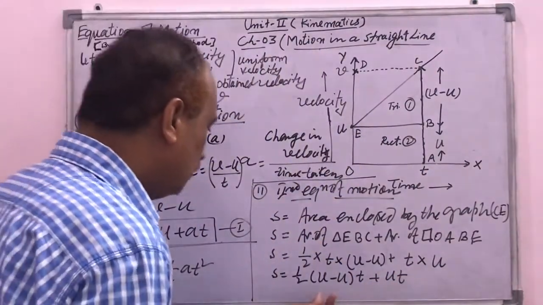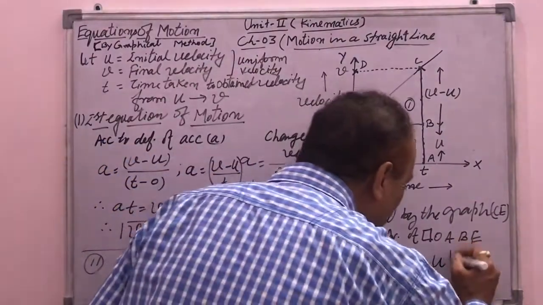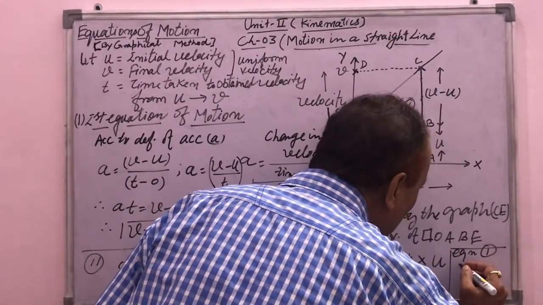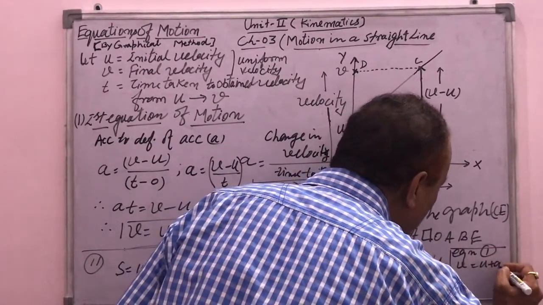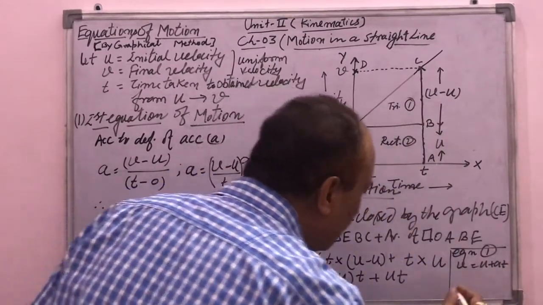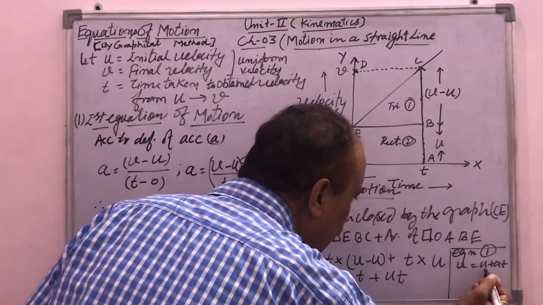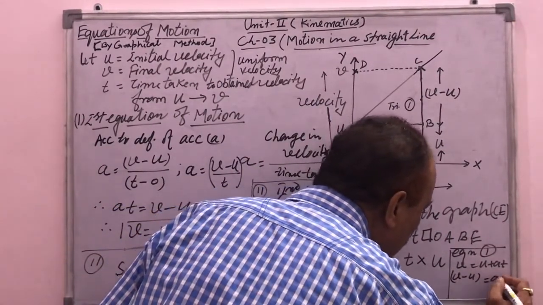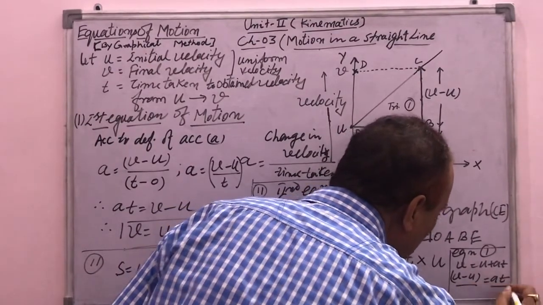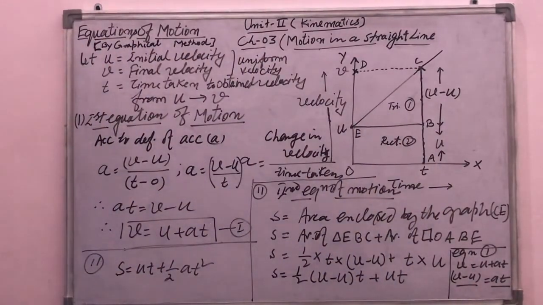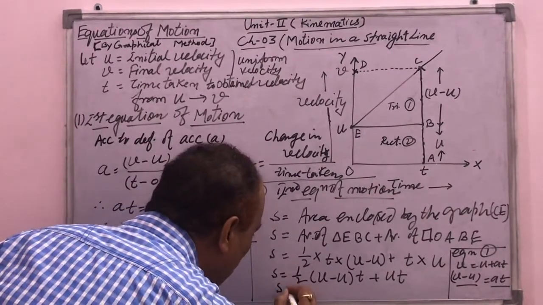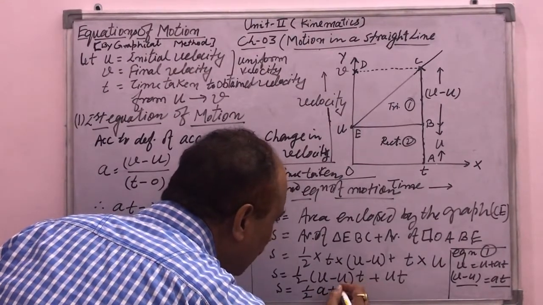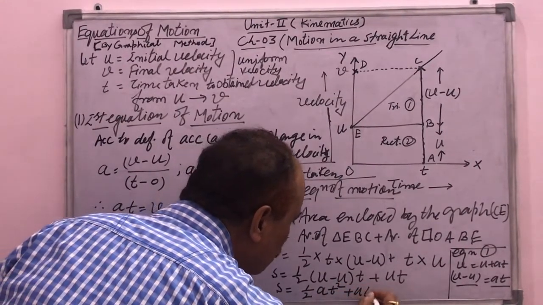Now replace that value v minus u. From equation number 1, we know that v equal to u plus at. So v minus u is equal to at. So this v minus u is replaced by at in the equation. So we will get s equal to 1/2 at into t, that is t square, plus ut.